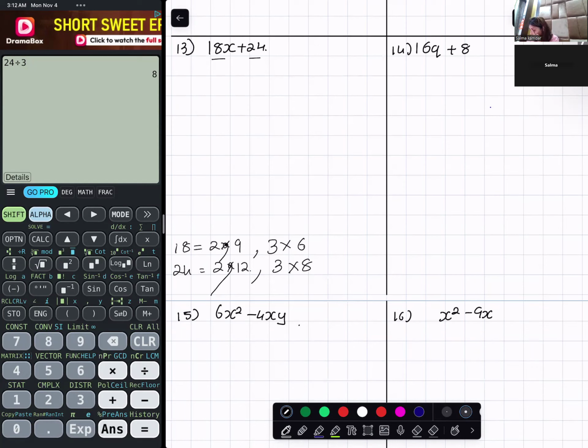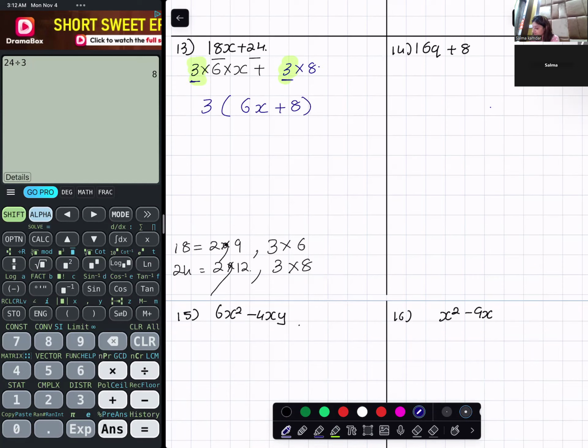It goes in the table of 3. So what I will do is I'll factorize 18 as 3 into 6 into x, and 24 will be factorized as 3 into 8. The common factor is 3. That I will put outside the bracket. What I'm left with, 6x plus 8.